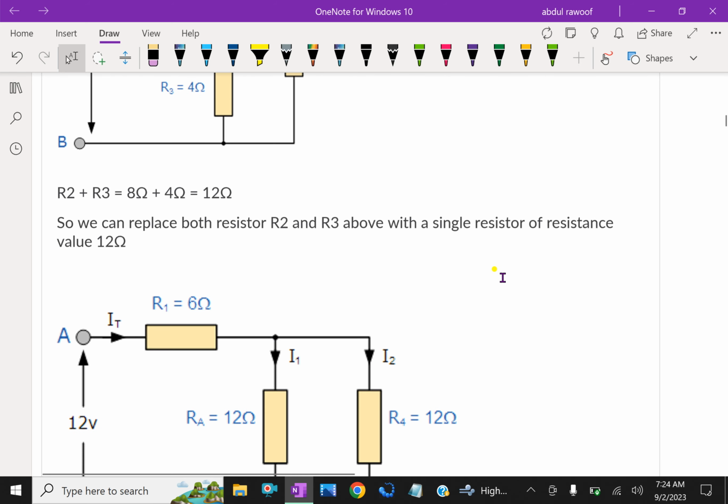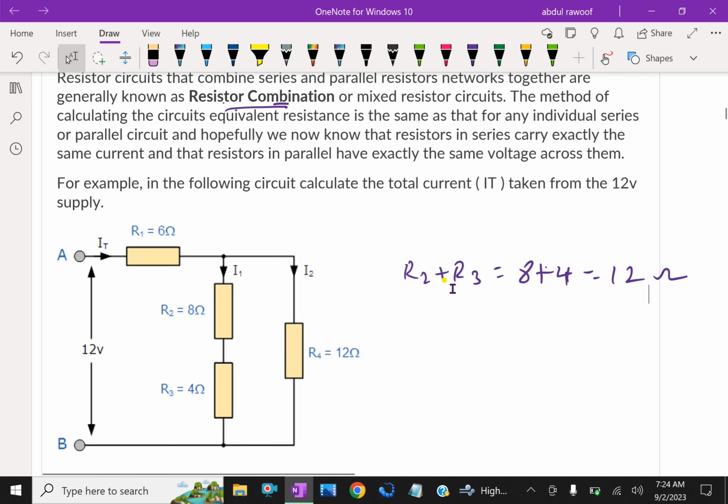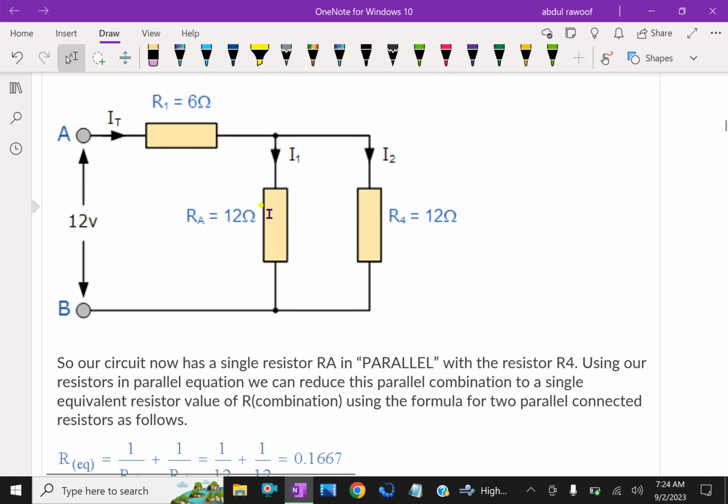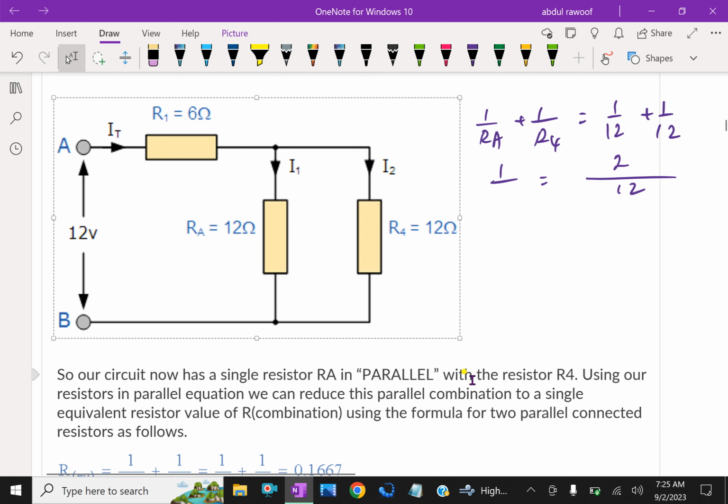So look at this. After that, this 12 ohm here, this becomes 12 ohm here, and this RA and R4 are in parallel. Now 1 by RA plus 1 by R4 is equal to 1 over 12 plus 1 over 12, which is equal to 1 over 6. That is 1 over R effective.